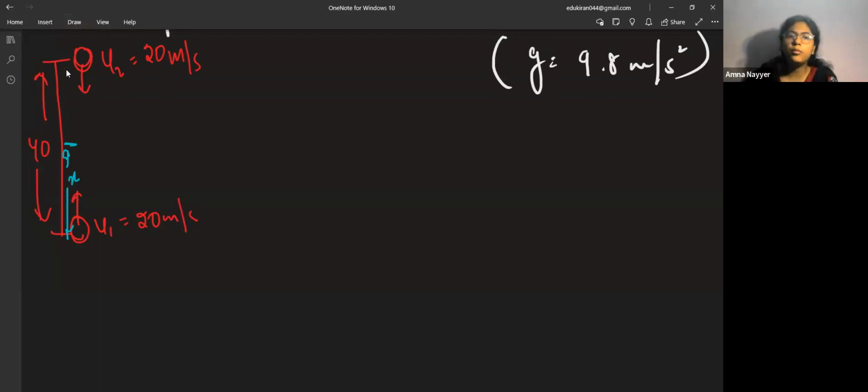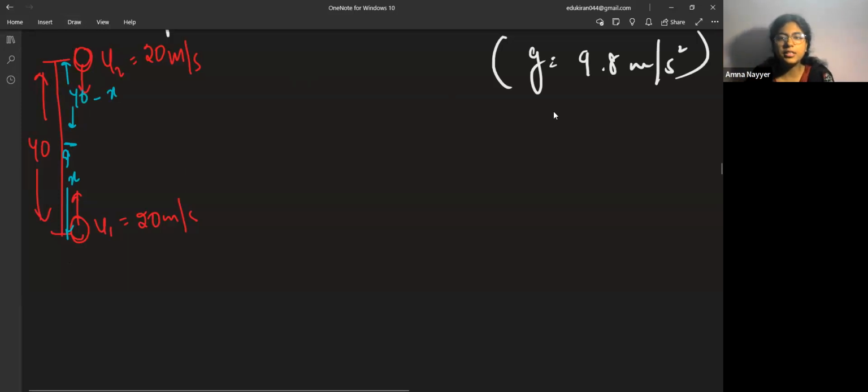How much will be left? 40 minus X. Yes, Abdullah. So the total was 40, and this separation is X. I want to find out X, right? So this is 40 minus X.